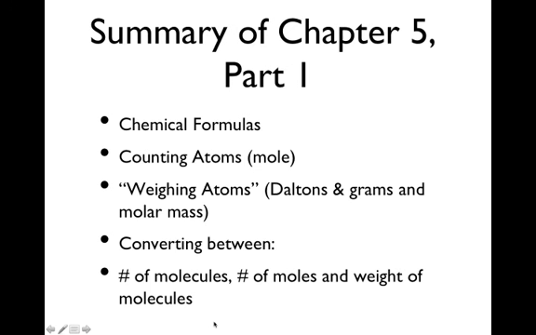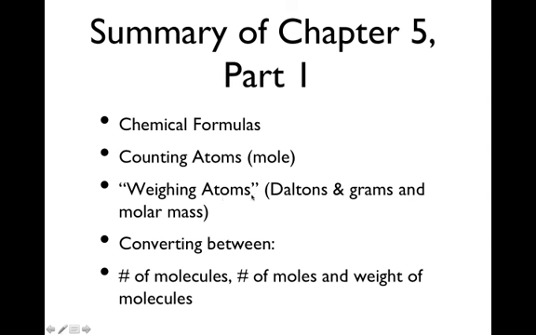Let's see. And then just to summarize the entire unit, we started out talking about chemical formulas. Hopefully you now know how to read them and to write them, if I gave you enough information. We talked about counting atoms and molecules and basically introduced the idea of what a mole is. A mole is just a certain number of things, a very large number of things. We talked about weighing atoms, really atomic mass.